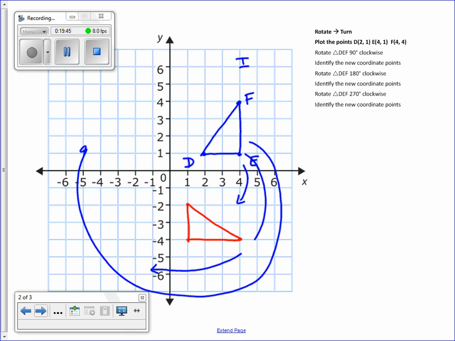You should have DEF here. And you should have DEF here. And it should look exactly like this. Thank you.